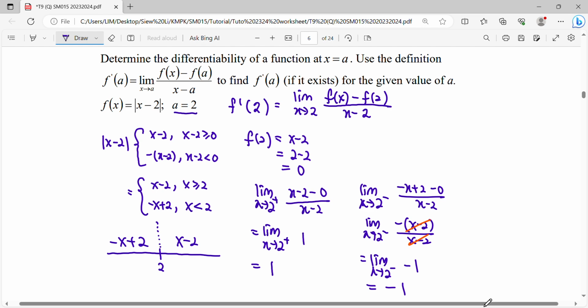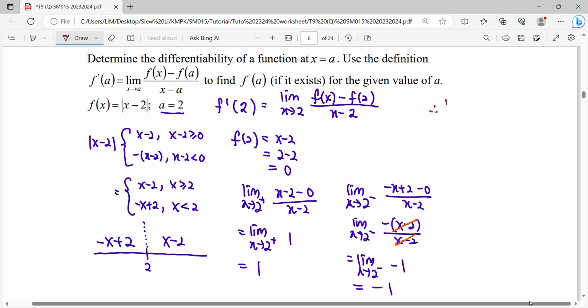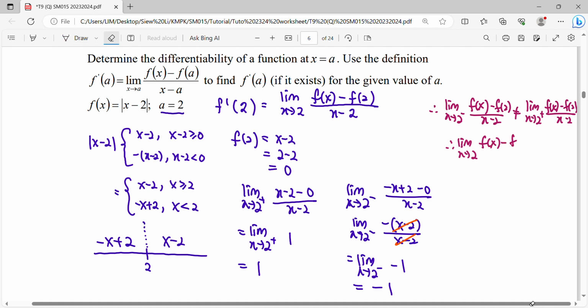Therefore, here we do the conclusion. The limit from the left-hand side is not the same as the limit from the right-hand side of the function in the first principle. So the limit for this function does not exist.